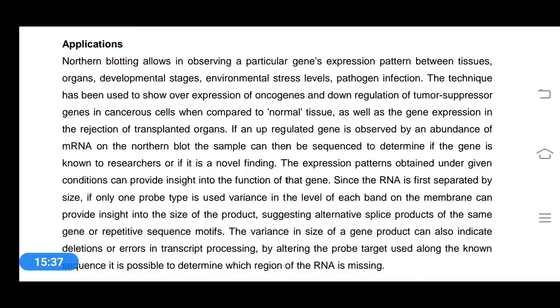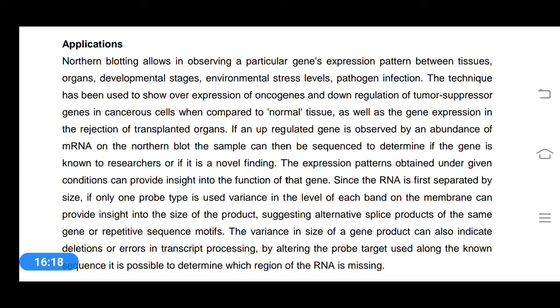Oncogenes are nothing but carcinogenic or cancerous genes, and overexpression of these oncogenes is seen using northern blotting, along with down regulation of tumor suppressor genes. That means in northern blotting, oncogene expression will be high and tumor suppressor gene expression will be low, and also gene expression for rejection of transplanted organs can be studied.